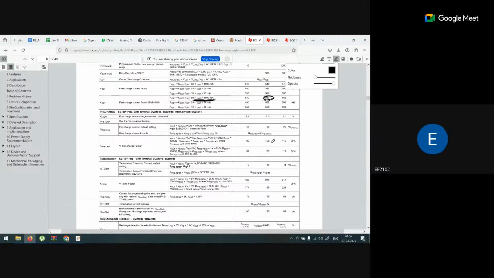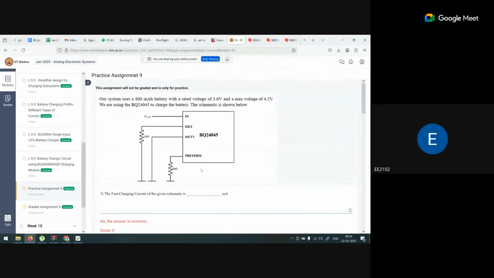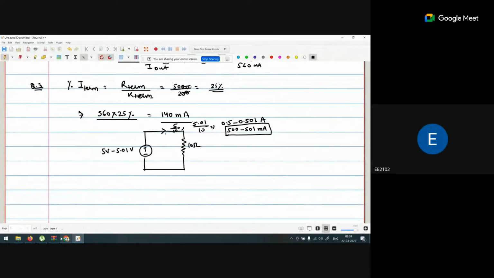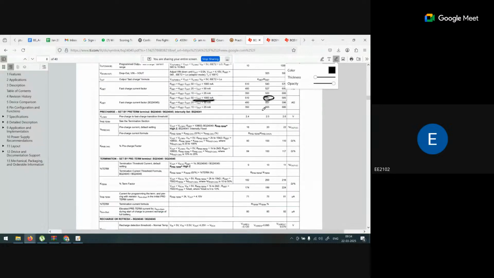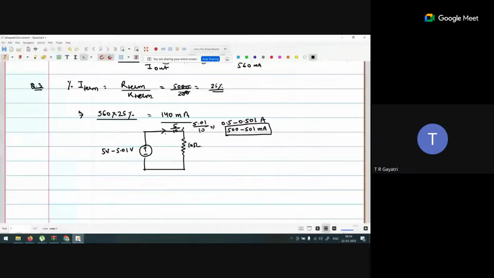Okay, pre-charge factor is 100, because the impedance is, this is your preterm impedance, that is 5K. So your pre-charge factor is 100 from this data sheet.